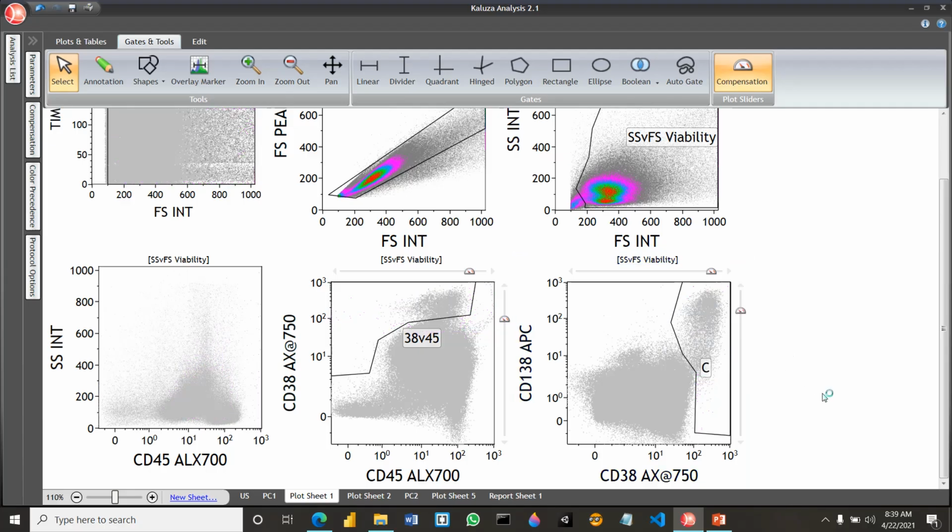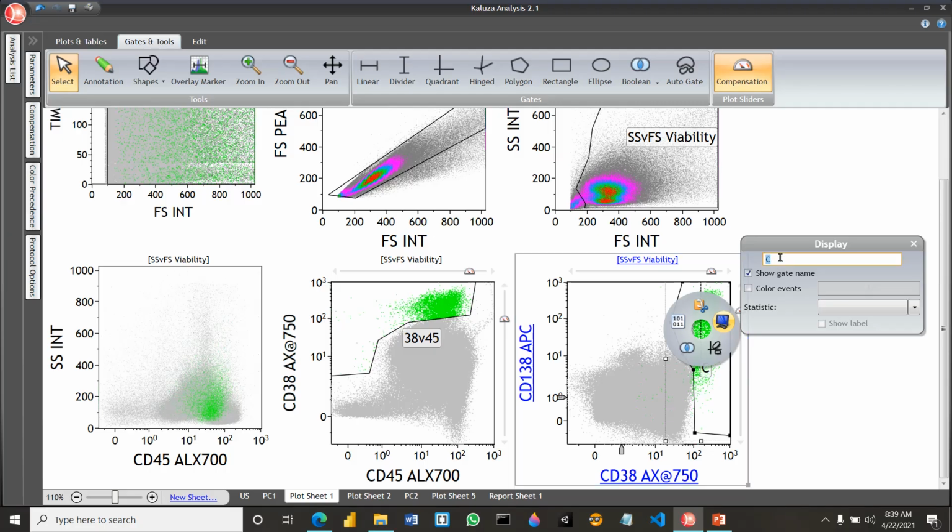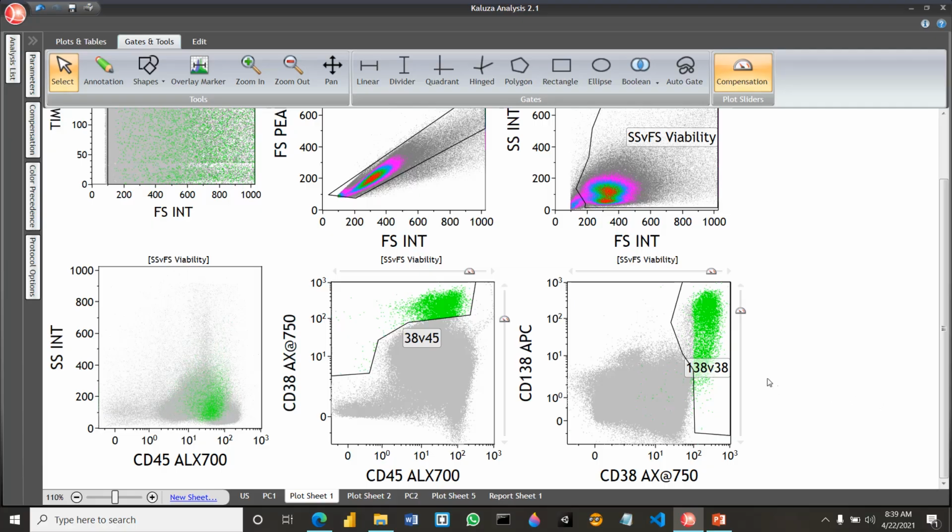Let's check that. So we have given one color to this and we have included all the cells here, so we are not losing any. In fact, in this gate there were few cells which were not included, which we have included in this gate, and which we label as CD138 versus CD38 gate, like that.